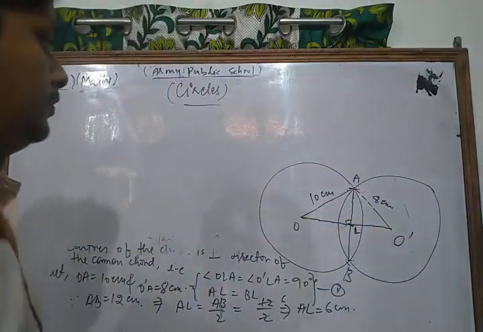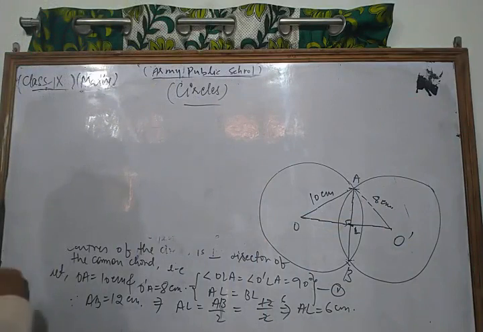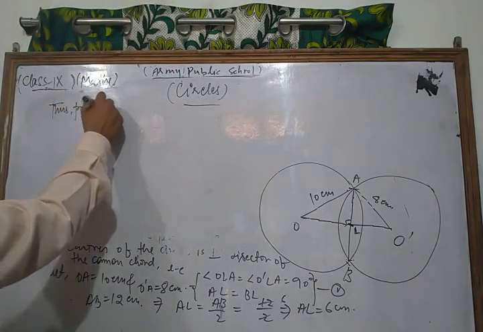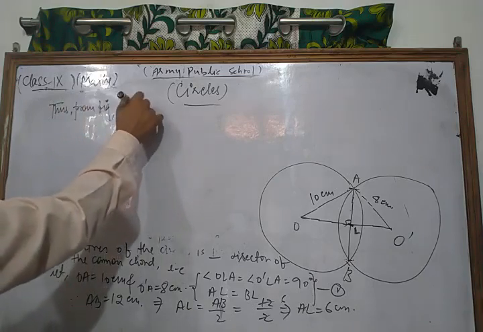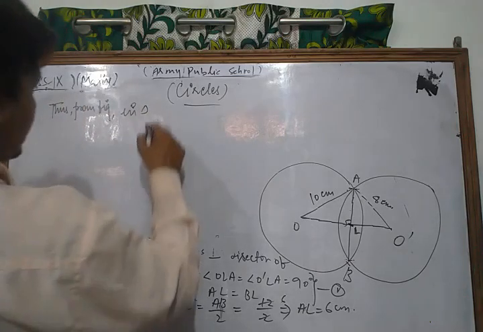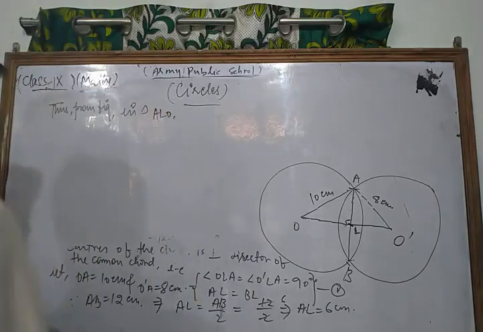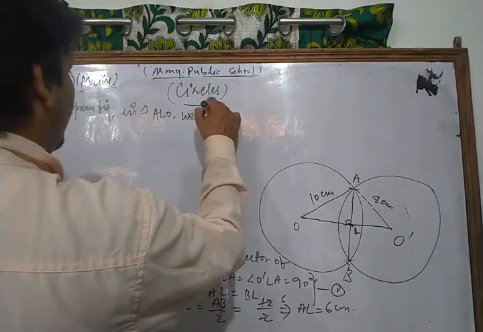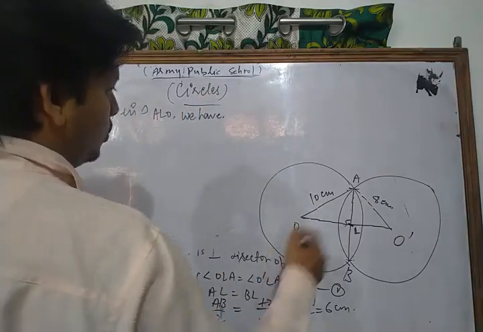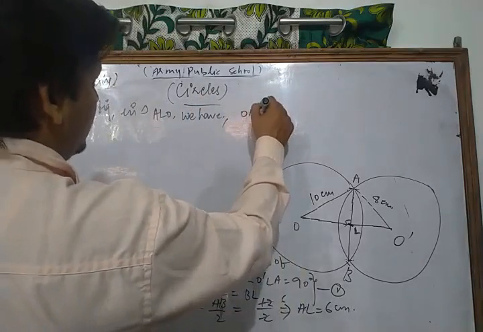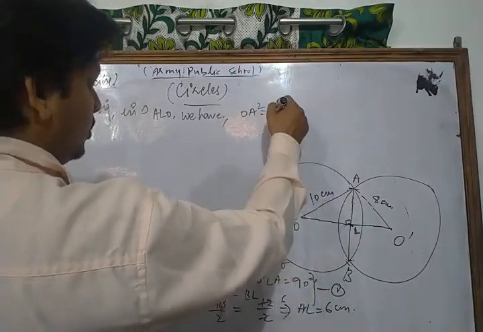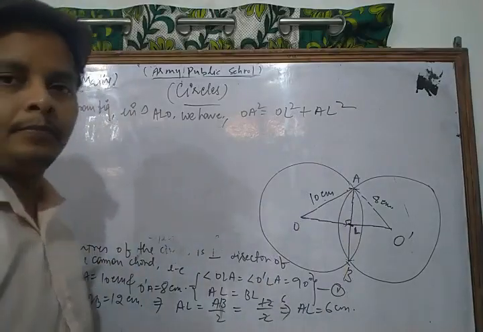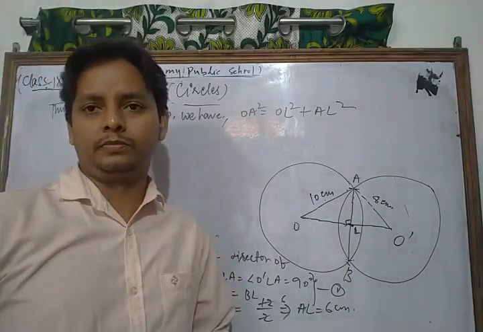Now look, from the figure, in right angle triangle ALO, we have OA square is equal to OL square plus AL square, because OA is the hypotenuse, using the Pythagoras theorem.